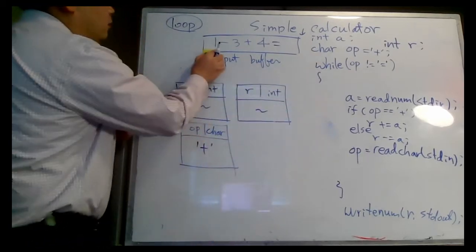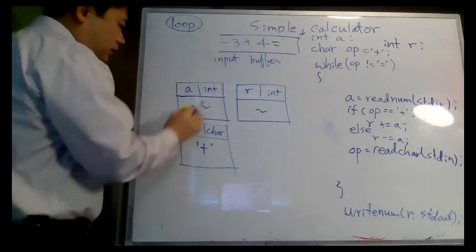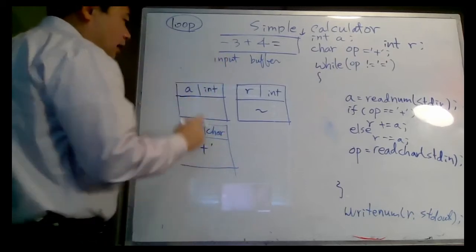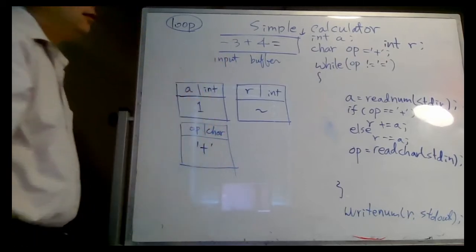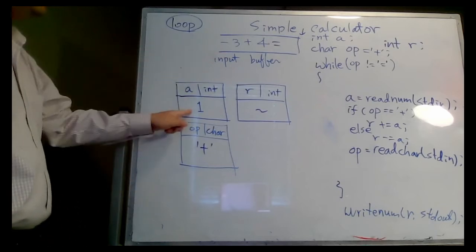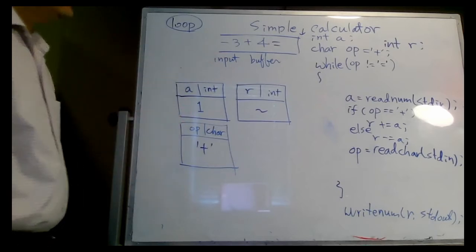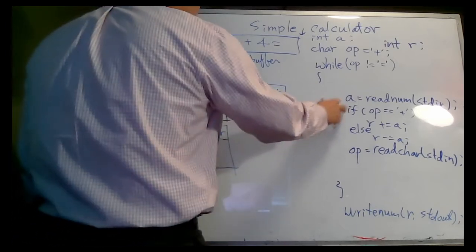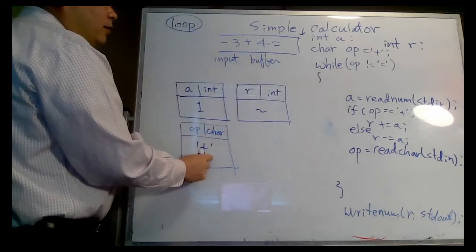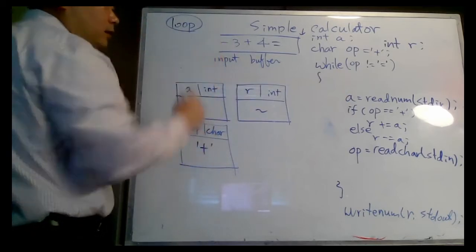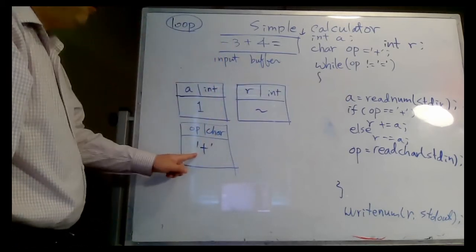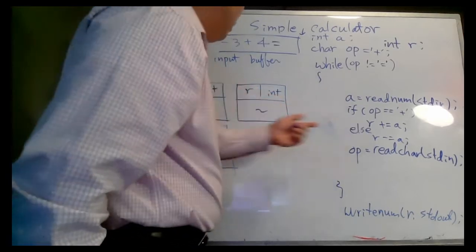Before it was garbage, but after the read num function, A will be read like this. This one is read, and then the operator is the operator we initialized before. This is not the one, it's still in the input buffer. So the R is added.